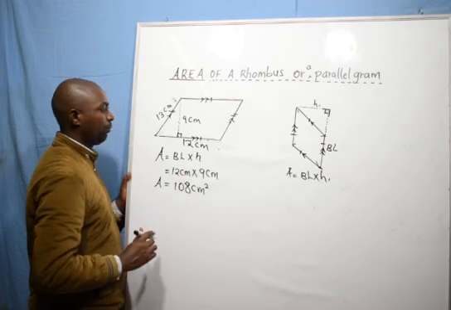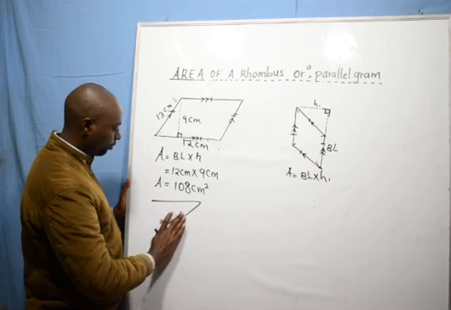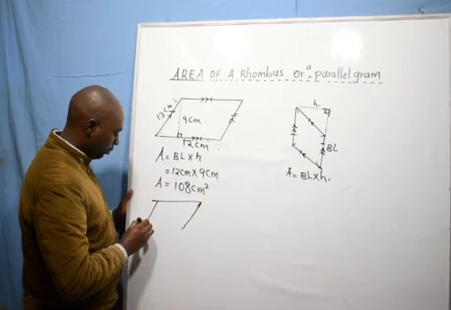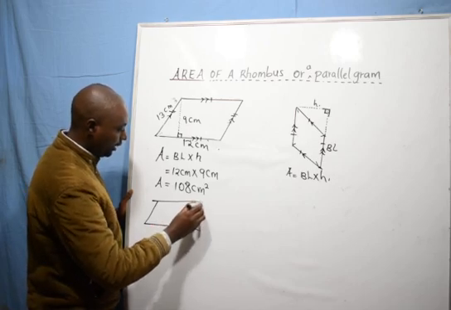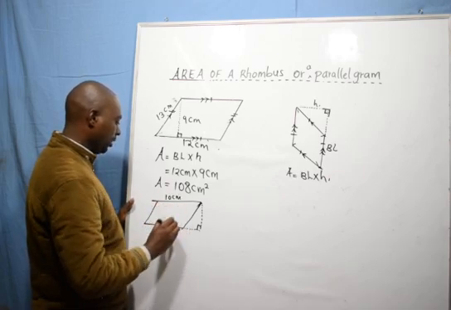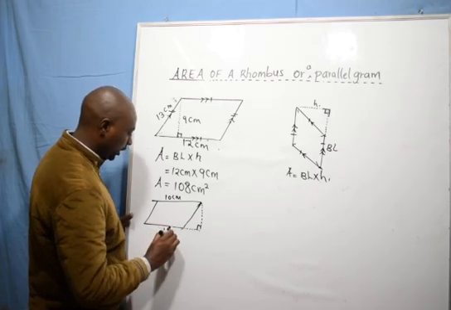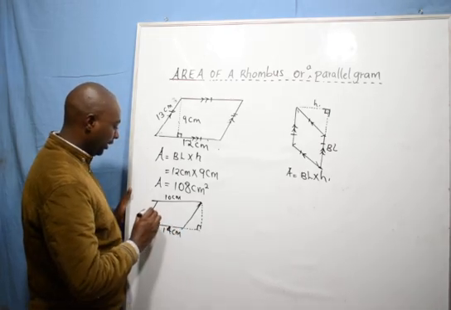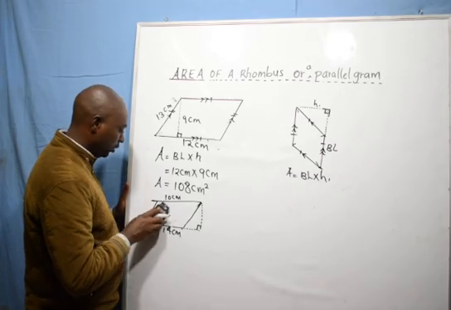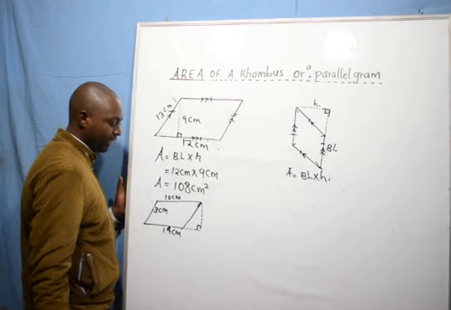The next element, you can be given a similar question of the same kind, but this time round you are given that here is 10 centimeters, then you are given that this is 14 centimeters, this is 14 centimeters, and this is 3 centimeters. And you are expected to calculate the area.